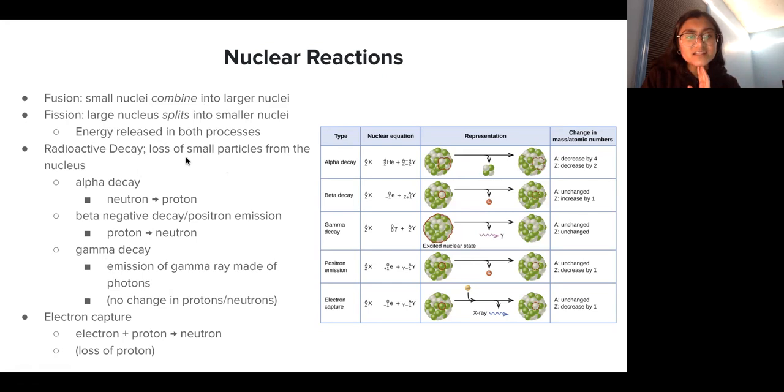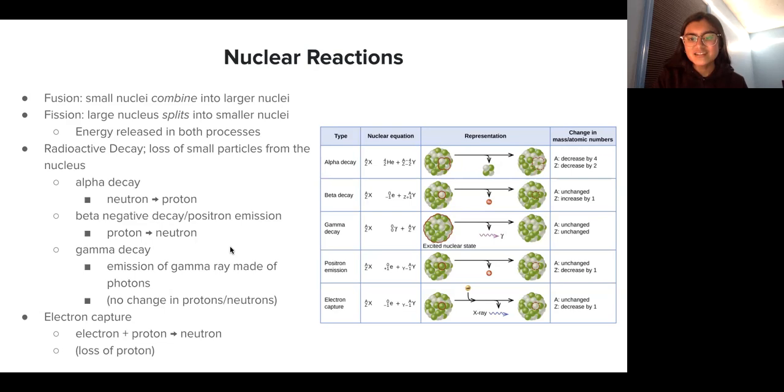And then for radioactive decay, definitely be familiar with all these types: alpha decay, beta negative decay, gamma decay, as well as electron capture. There are quick shortcuts in knowing how the mass or atomic numbers will change with these types of decay. It's like a neutron turning into a proton, or a proton turning into a neutron.